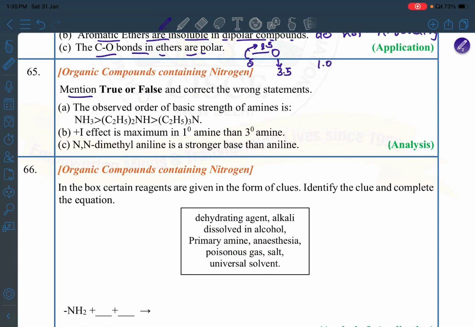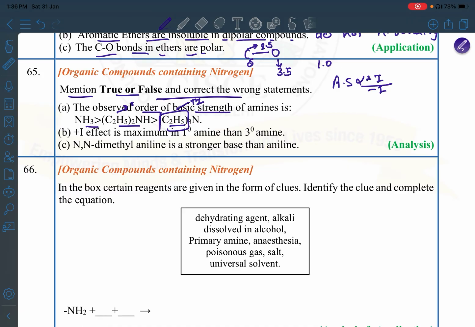The next question says to mark the following statements true or false. The observed order of basic strength in ammonia, 2 degree or 3 degree amines: acidic strength is directly proportional to minus I and basic strength is directly proportional to plus I. So it has 3 plus I groups, and that one has 2 plus I groups.